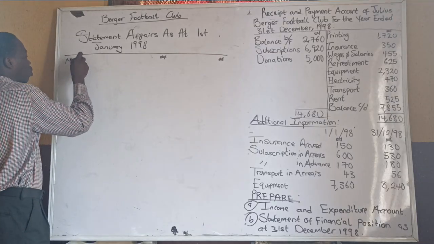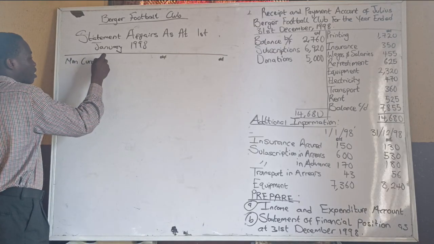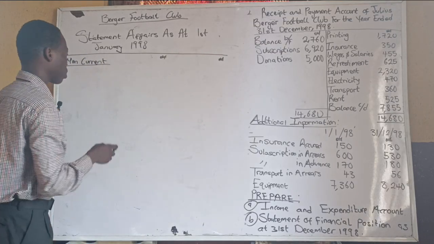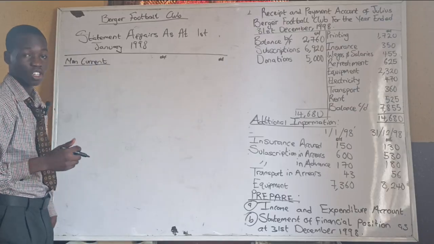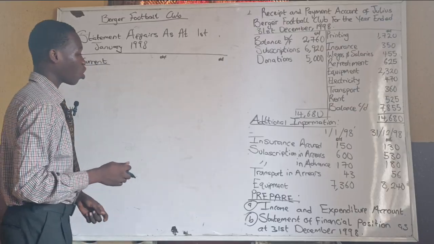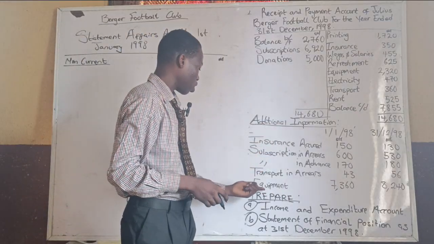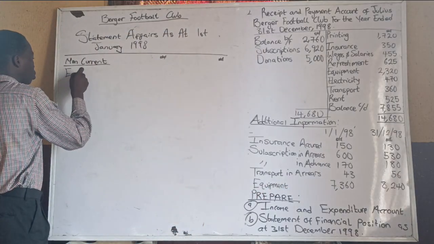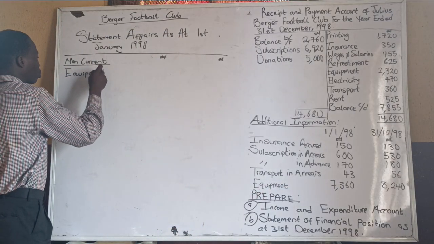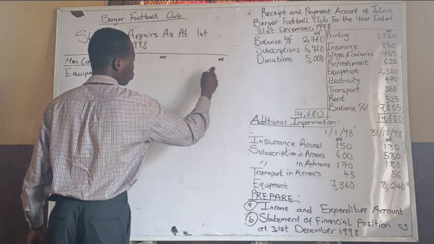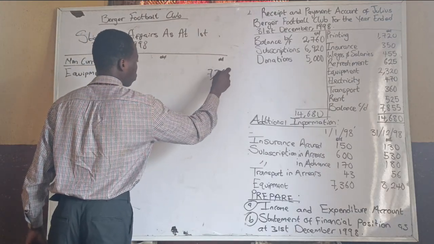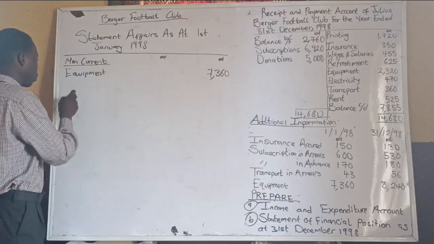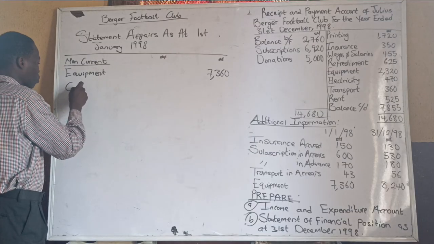So we'll start with non-current assets. Non-current asset is what we usually call fixed asset, but now it's better you call it non-current assets. At the beginning, we only have equipment, which is 7,360. Then we move to current assets.